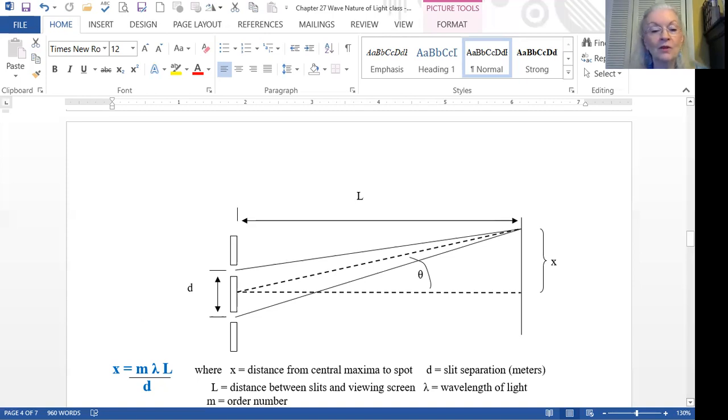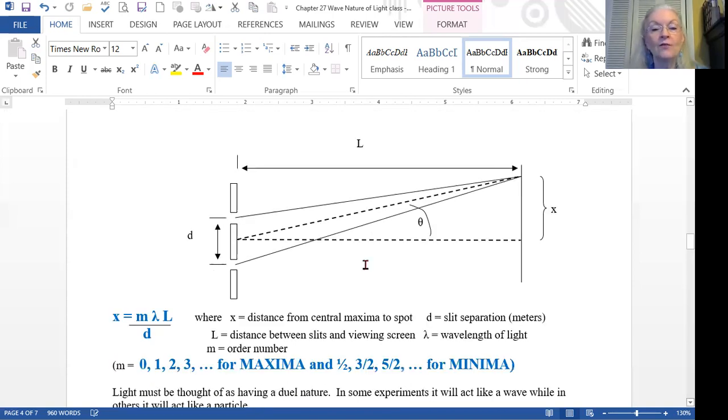So we were able to come up with an equation for this. You'll notice that the distance between one slit and the other slit is symbolized by little d. That's our slit separation.